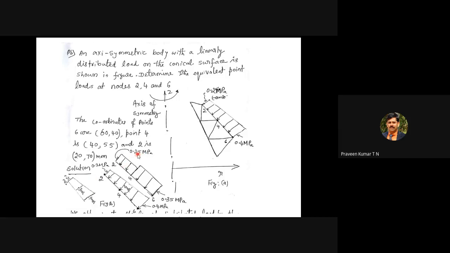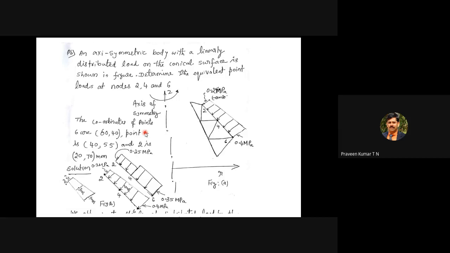How you are getting 0.25 is, at node 4 the force is 0.3 megapascal and at node 2 the force is 0.2 megapascal. The average force is 0.2 plus 0.3 divided by 2, which becomes 0.25. That is a UDL. In the first stage we have a varying load that is converted into UDL. But in a finite element package, whatever the traction force or body force may be, all loads should be acting on the nodal points.